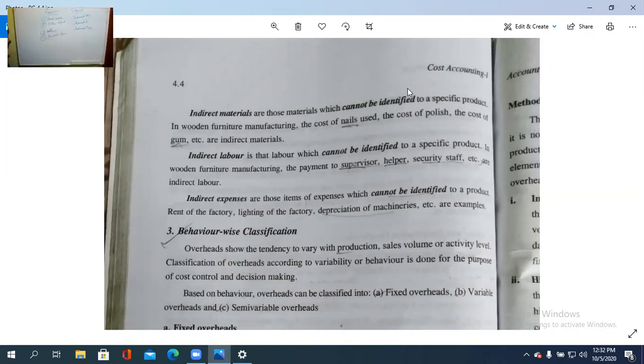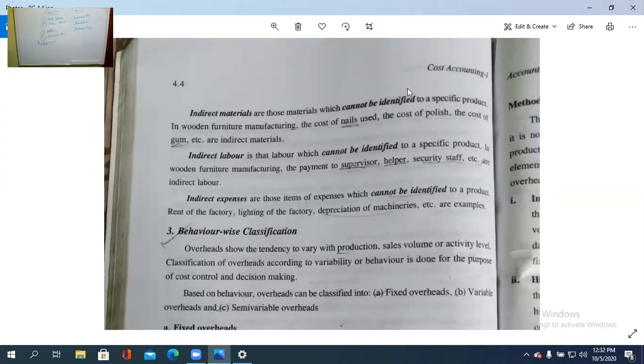Okay. Then another one is behavioral-wise classification. Overheads show the tendency to vary with the production, the sales volume, or the activity level. That is based on the behavior.